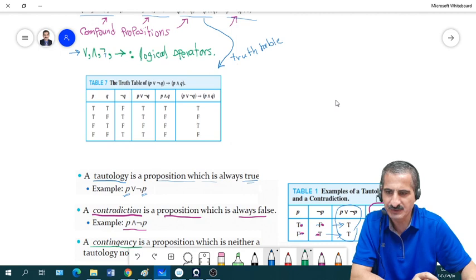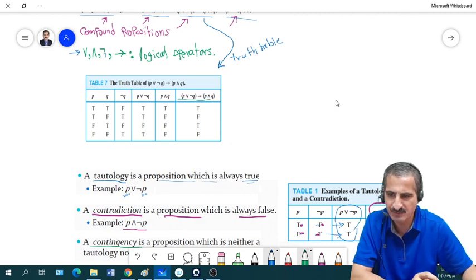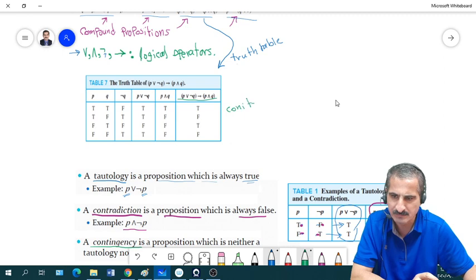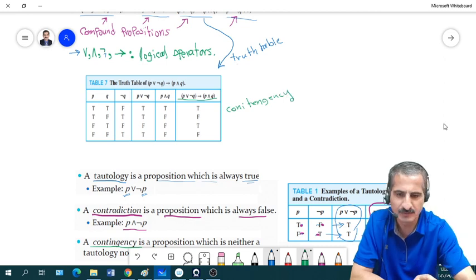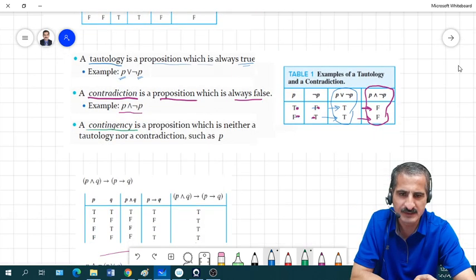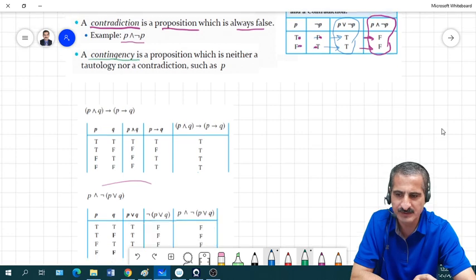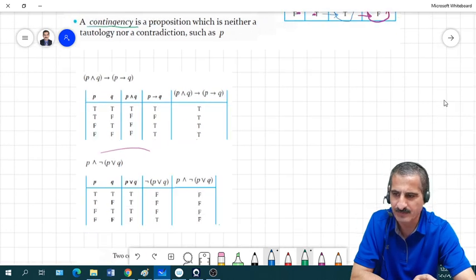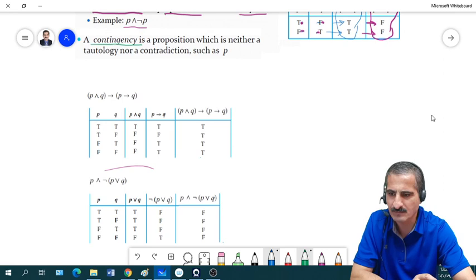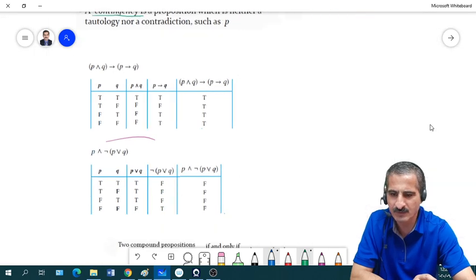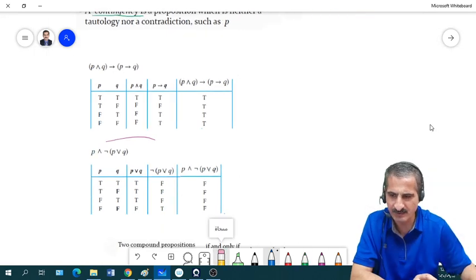The compound proposition here is a contingency. Okay, so we know now what a tautology is and what a contradiction is. Let us see more examples about tautologies and contradictions.